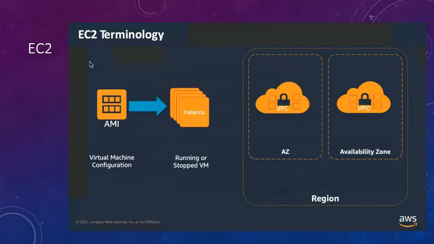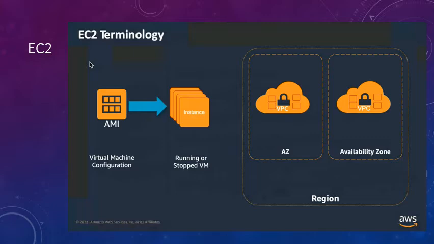So just to get another little bit of terminology out of the way, EC2, as we talked about, was Elastic Compute Cloud. So it's basically the virtual servers or the virtual machines in the cloud. Here's some terminology around EC2s. An EC2 server is created from an AMI. An AMI is an Amazon Machine Image.